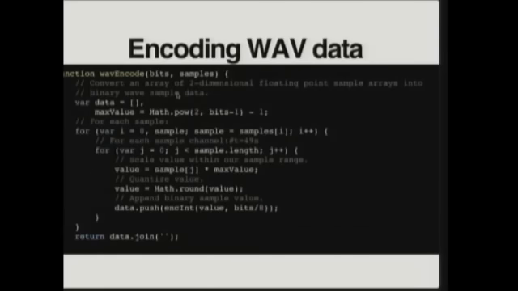If I have a byte per sample, I have 256 options for the amplitude of the sound at that time point. If I have a floating point number like 0.5, I might scale that to 128 for that specific value. So basically we're iterating over an array of samples and converting those into integral numbers.